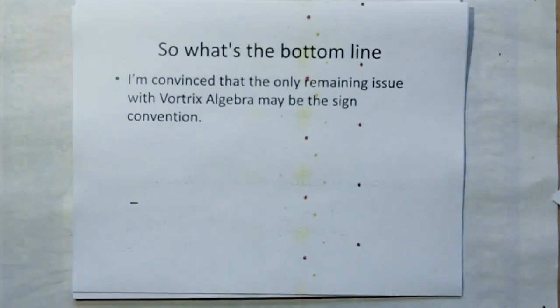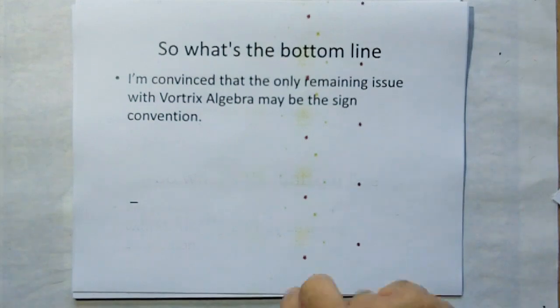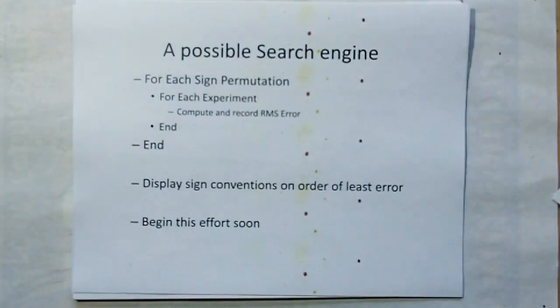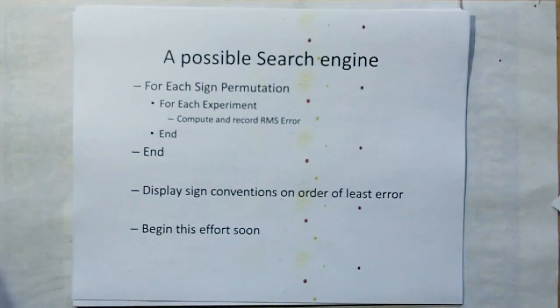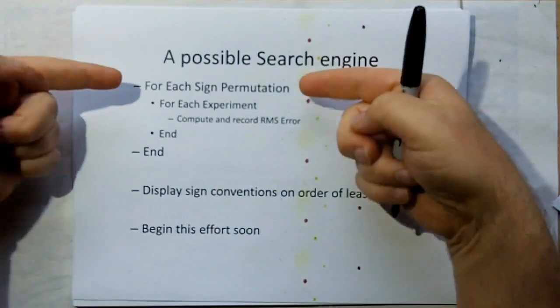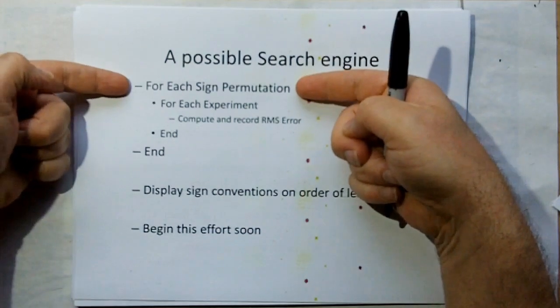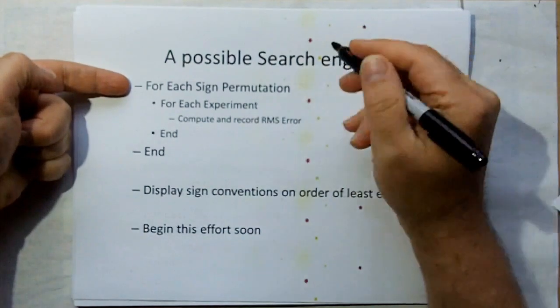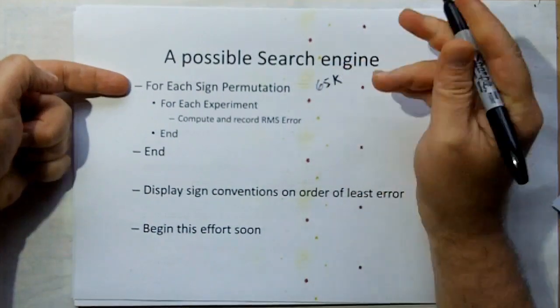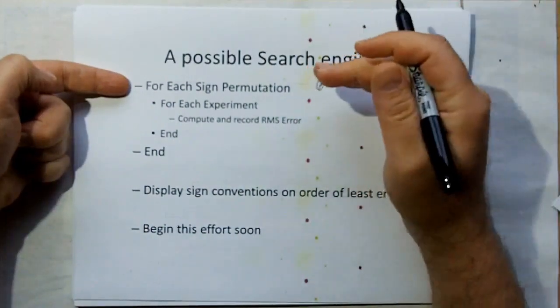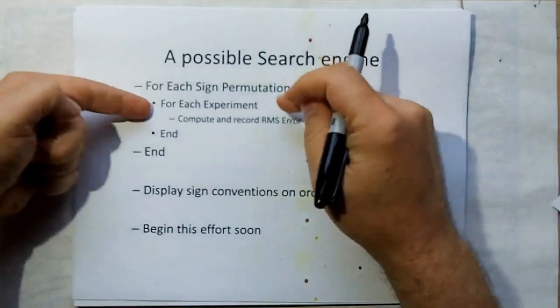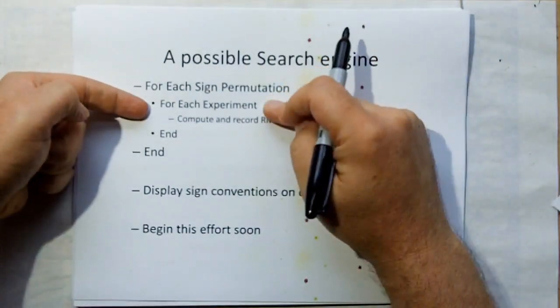So again, bottom line, I'm convinced that the only possible remaining issue with Vortrix algebra may be the appropriate sign convention we must choose. And what's forming in my brain is a possible search engine where we have a computer for loop that permutates through each possible sign convention, of which there are 65,000. But we could probably pare that down with a little bit of logic. Then we run each one of these permutations over each of the experiments.